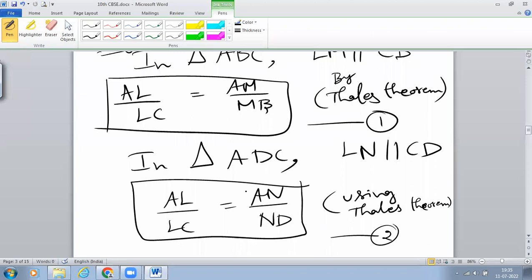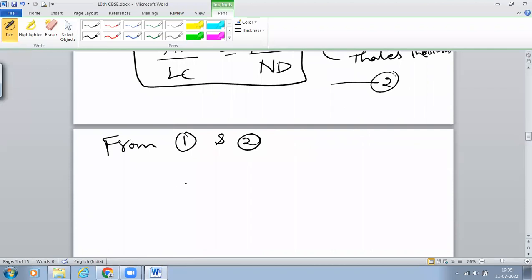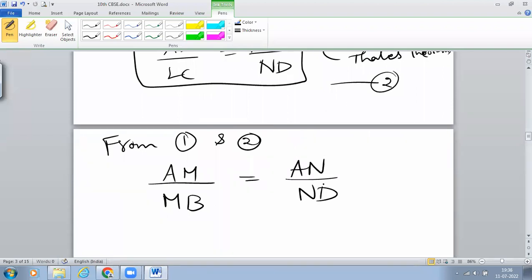And what is the right hand side of equation number 2? AN by ND. So I'm going to equate the right hand sides, that is AM by MB is equal to AN by ND. So that's it. If you follow the steps I'm going to write now, you can prove the final step.